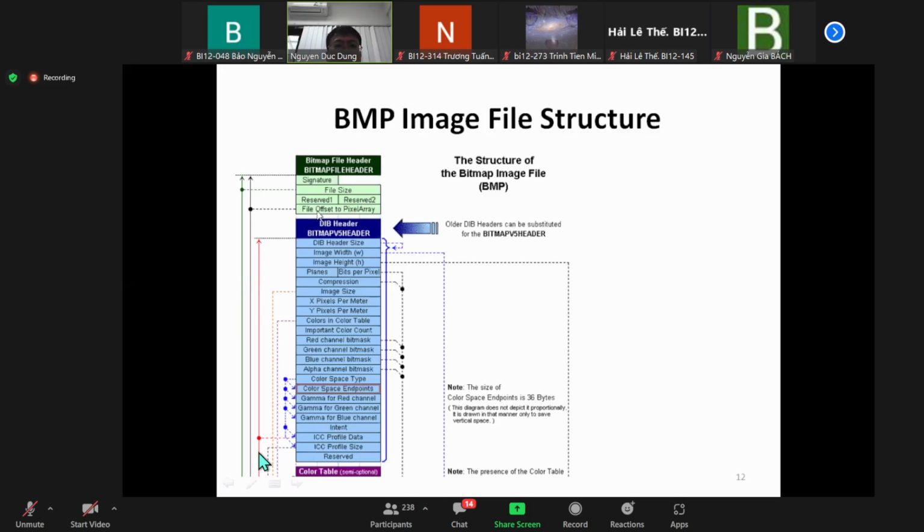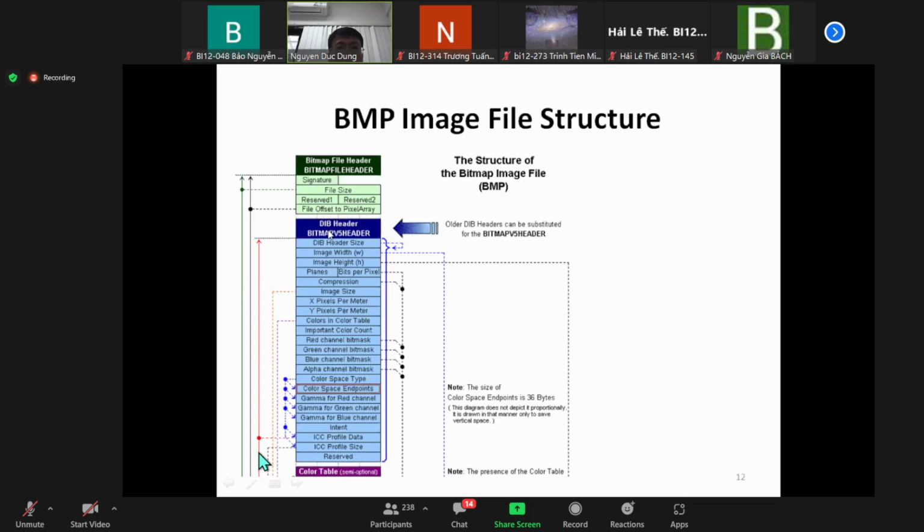The next 4 bytes are the file offset to the pixel array. It means that from the beginning of the file, the raw data of the image, 1 byte or 3 bytes per pixel, will be stored from this position to the end of the file.